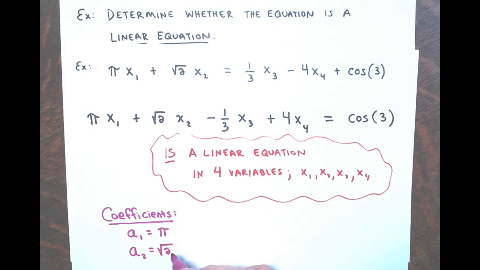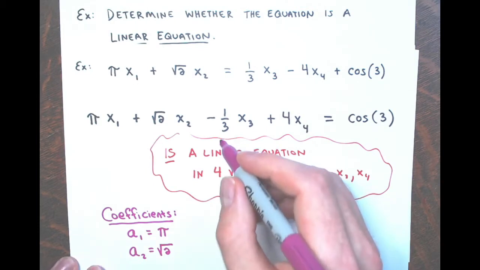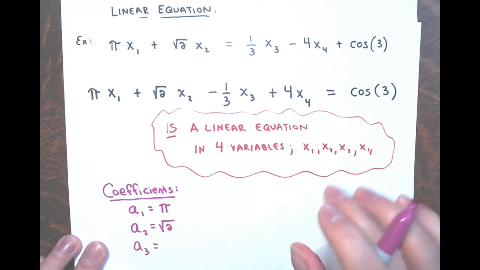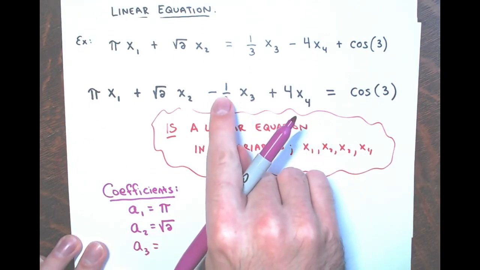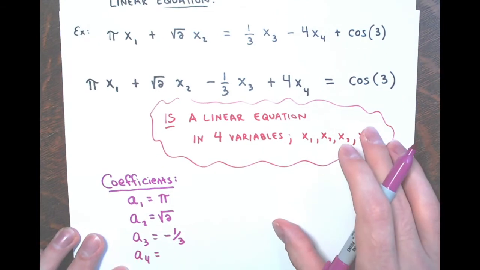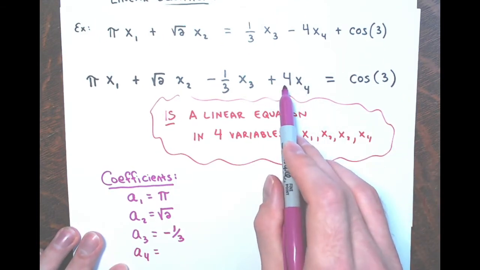Again, I know there's a fancy symbol, but there's no variable in it, so it's fine. That's about 1.414. The coefficient of the third variable x3 is negative 1/3, or approximately negative 0.33, negative 0.3333 forever. And the coefficient of the fourth variable, x4, which I'll call a4, is positive 4.